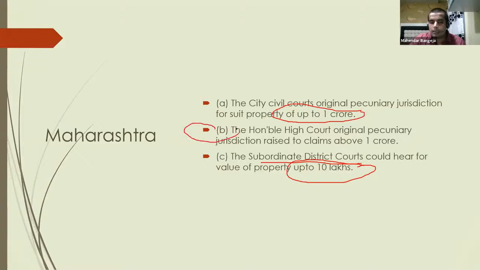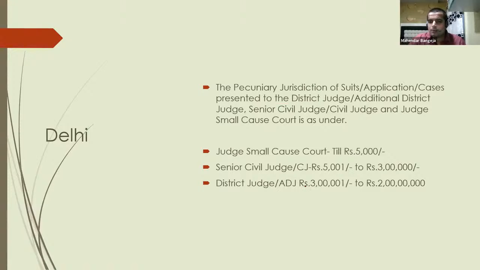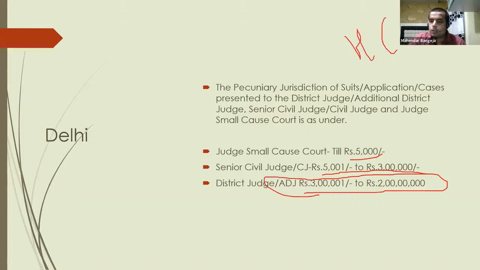Now here you have original jurisdiction before the high court. तो महाराष्ट्र में original jurisdiction है high court की, and you can file a suit before the high court if your subject matter is more than 1 crore. And same is the case with Delhi. Small causes court 5,000 तक, senior civil judge 5,000 to 3 lakhs तक, और district judge 3 lakhs to 2 crores. And if it is more than 2 crore, then high court, more than 2 crore.